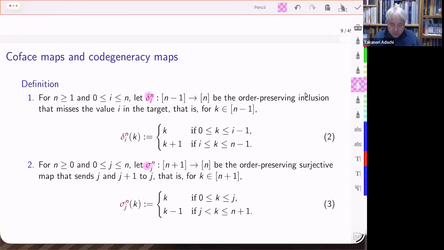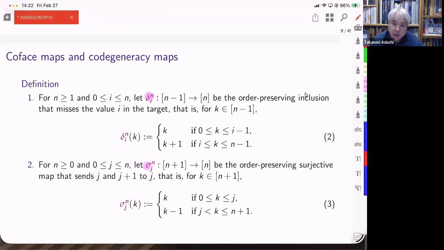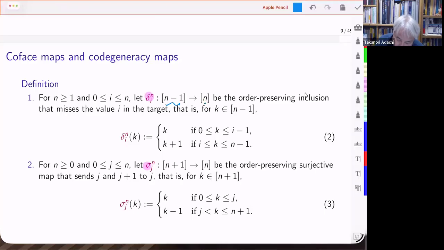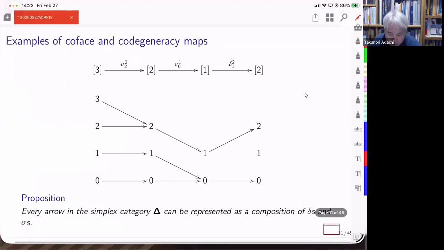The little delta is enlarging one dimension up, from bracket n minus 1 to bracket n, by adding some missing part. But anyway, I'll explain that in the example soon. On the contrary, the sigma is decreasing dimensions, from n plus 1 to n. So it's different, and I'll explain the detail by an example.